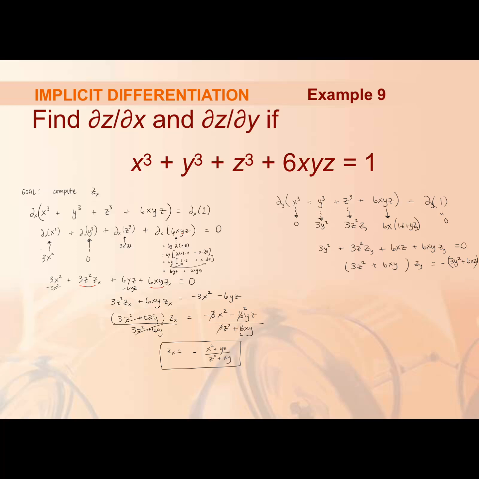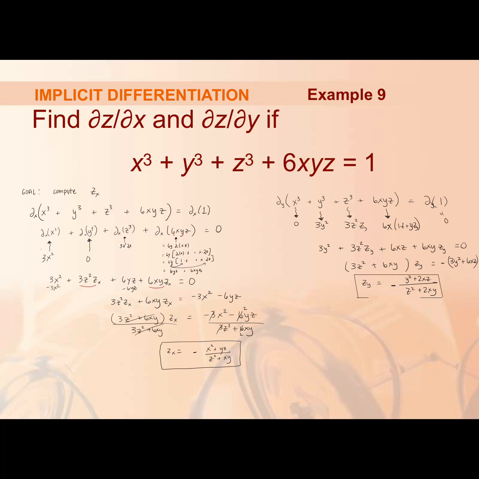And now I'm just going to divide both sides. So I'll get z_y equals negative (y squared plus 2xz) divided by (z squared plus 2xy). The only thing I did there was divide the numerator and the denominator by 3, so I ended up simplifying.